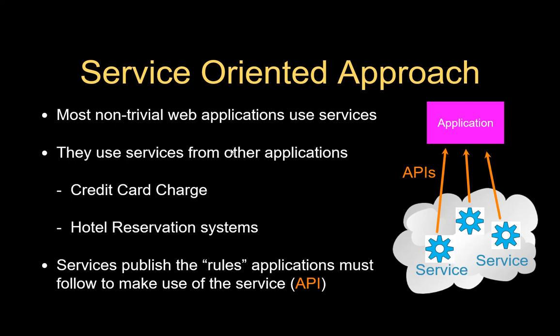So what is happening is basically that hotel reservation or flight reservation system is talking to different services. To do that, it needs to talk to each service's API, which is called application programming interface.